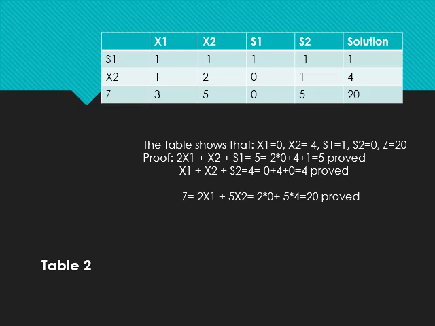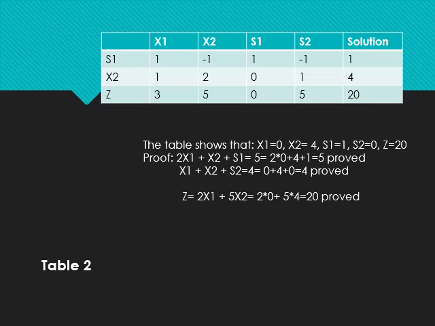Now there is no x1, so 2 times 0 plus x2 equal 4 plus s1 equal 1 equals 5. 4 plus 1 equal 5. Proved. The next constraint states that x1 plus 2x2 plus s2 equal 4.